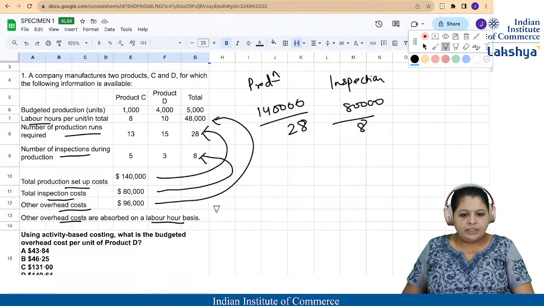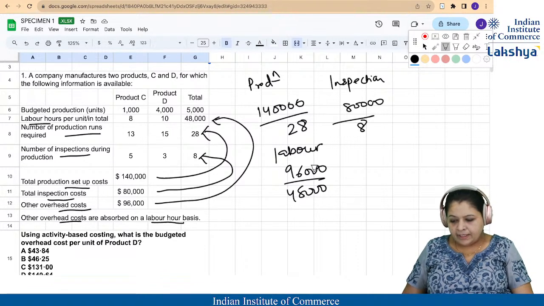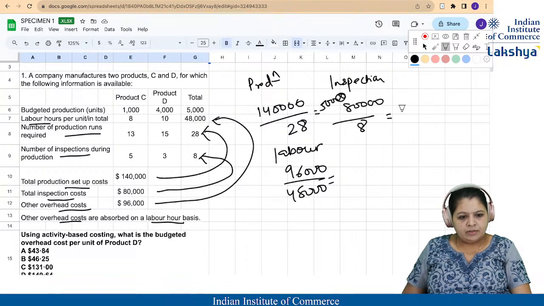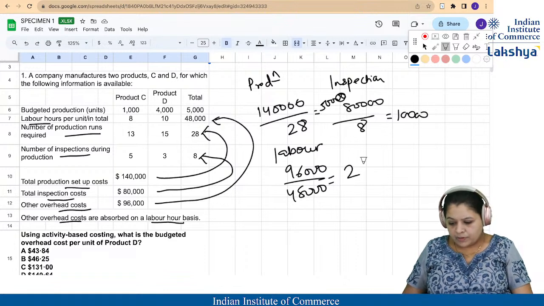And the third one is your labor hour basis, which is 96,000. You divide it by your 48,000, right? So with this, you will find out your individual values. I'm just going to write those individual values here. If this is 5,000, this is going to be 10,000, and this is going to be $2, right?